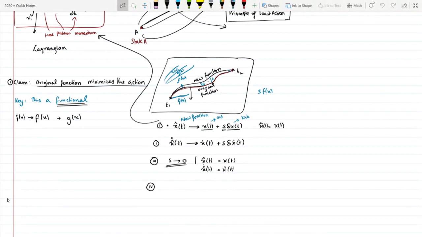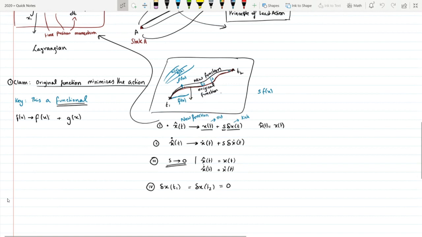At this point there's no difference between my new function and the old function, which is to say that at the endpoints of my functions, they're the same. The way I write this is my kick, remember, my kick in the function is called delta x, at t1 and delta x at t2 equals 0. Is everyone happy with this?